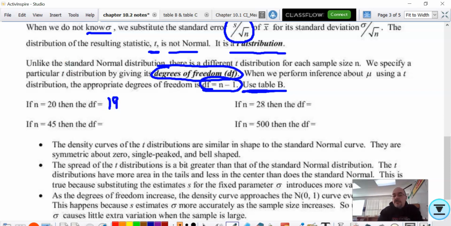If our sample size is 45, our degrees of freedom will be 44. If it's 28, our degrees of freedom will be 27. And if it's 500, well, it would be 499. However, I'm going to show you that our table does not go that high. So for example, ladies and gentlemen, let's say I wanted to do a 95% confidence interval.